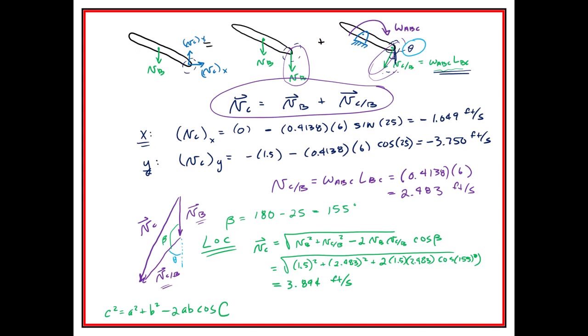Yay. And now if we want to actually get the direction of this, because it is a vector, we need to find this angle up here. Now that we have 3 sides and an angle, we could use the law of sines, right? I can't even remember what that is, a psi?